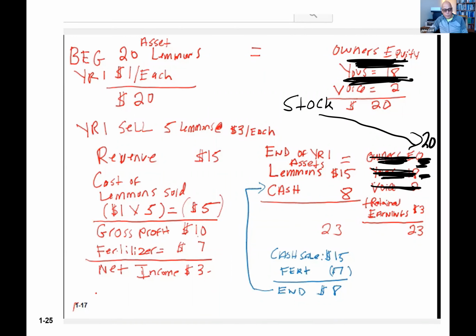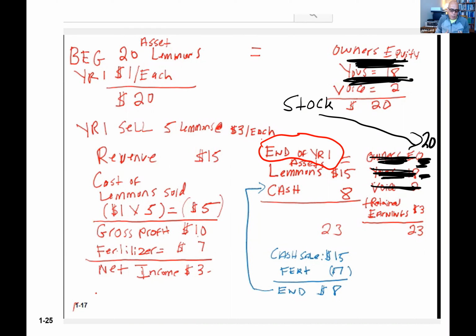Well, when we look at these financial statements, what they are doing is showing the results of transactions that have happened, right? So by the time you're preparing your balance sheet, and notice I say here at the end of year one, what we're reflecting is, what is our financial position at the end of the year? What do we have in assets? What do we have in liabilities? What do we have in stockholders' equity?